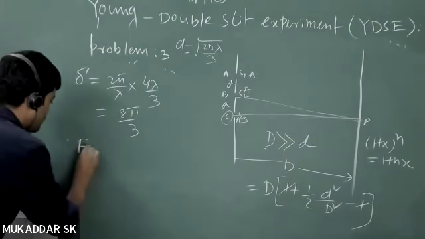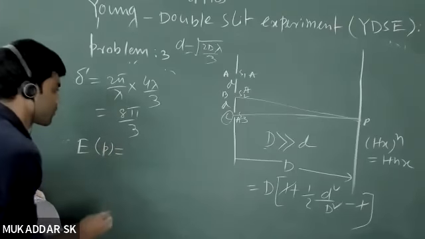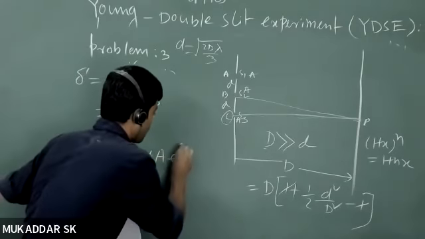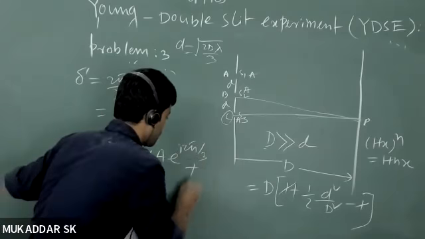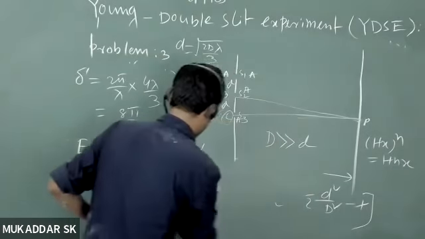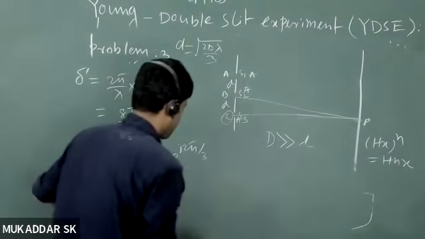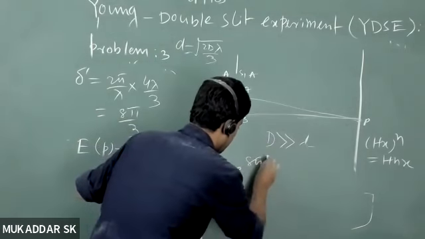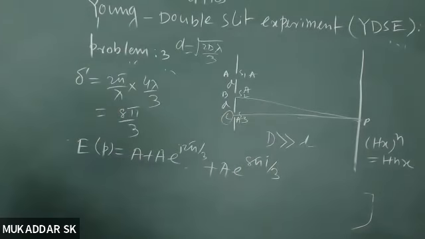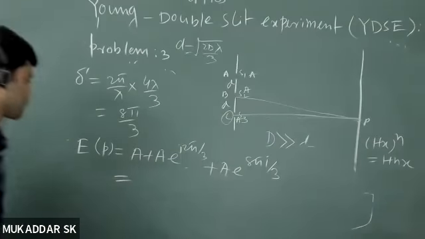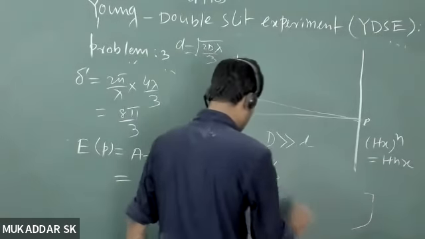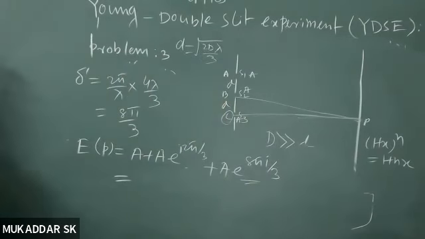I can write A plus A exponential i 2 pi by 3 plus, the last term will be A exponential 8 pi i by 3. Okay? Is it clear? Now, what can we write exponential 8 pi i by 3 as? Is this clear to everyone?